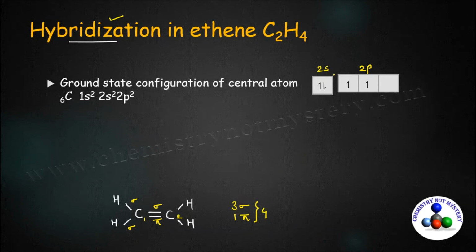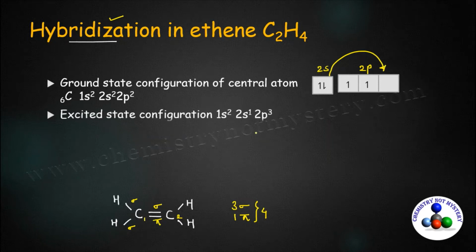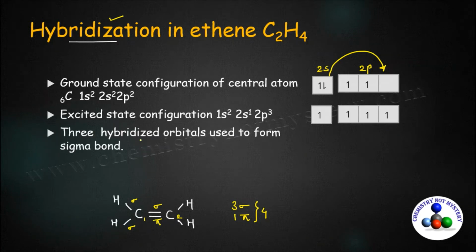For that, we need to promote one of the electrons from 2s to 2p. And you will get excited state configuration 1s2, 2s1, 2p3. And when you fill electrons in it, you will get 4 half-filled atomic orbitals. And as we have discussed earlier, hybridized orbitals participate in the formation of sigma bond only.